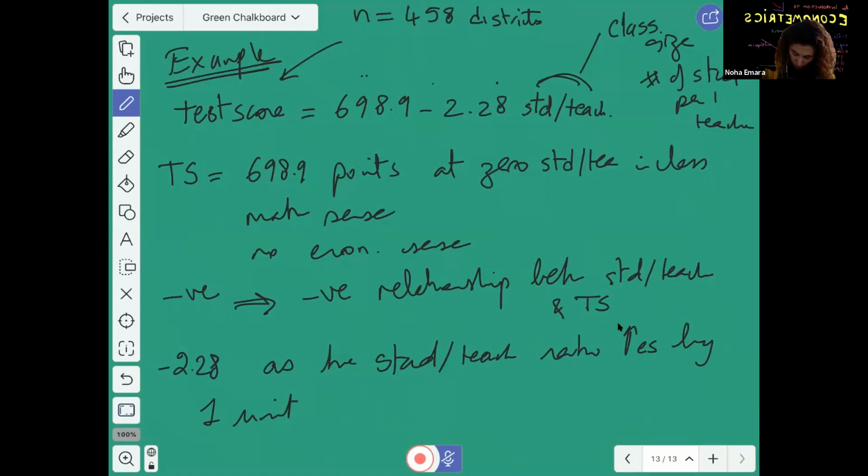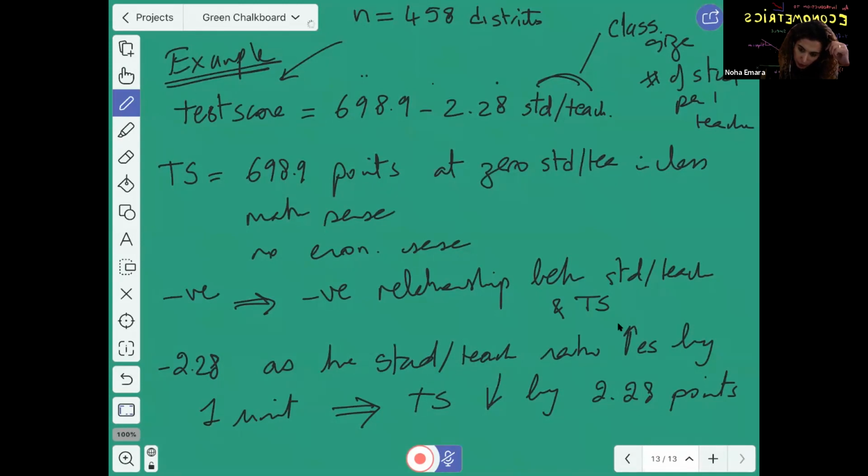So as the student-teacher ratio increases by 1 unit or 1 student, this implies that the test score falls by 2.28 points. This is the test score, so it's a score, right? So it's 2.28 points. Okay.